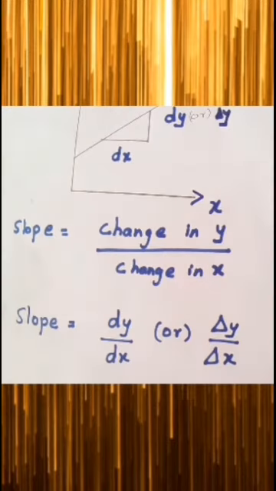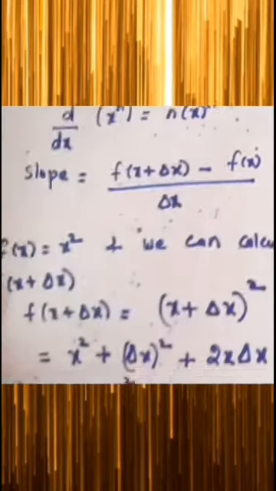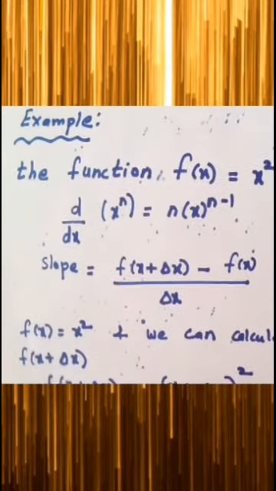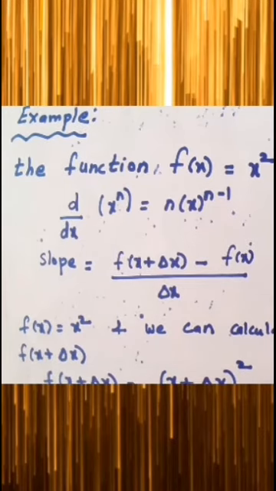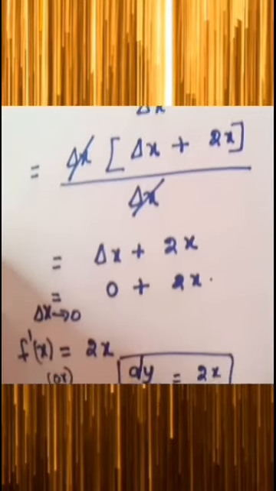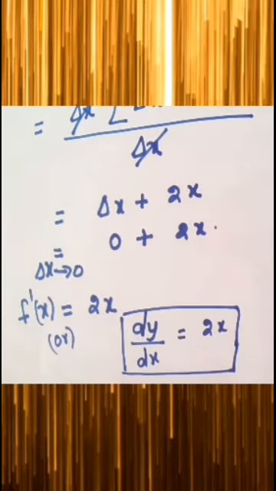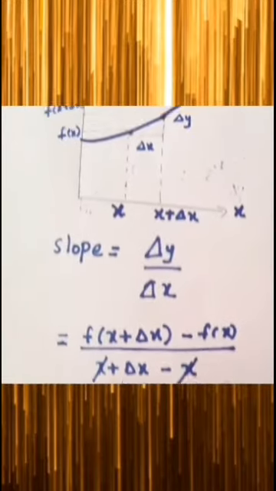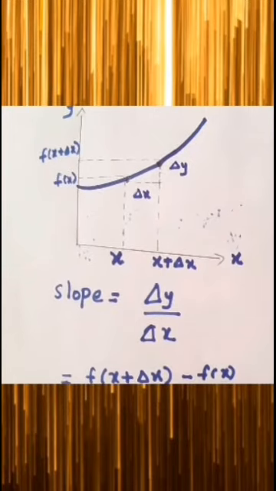And then we also discussed how we got the function f of x is equal to x square. The derivative of x square is nothing but 2x. We also discussed how we got dy by dx is equal to 2x, using the geometrical representation of derivatives.